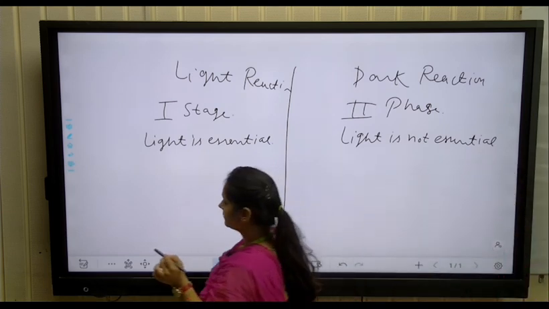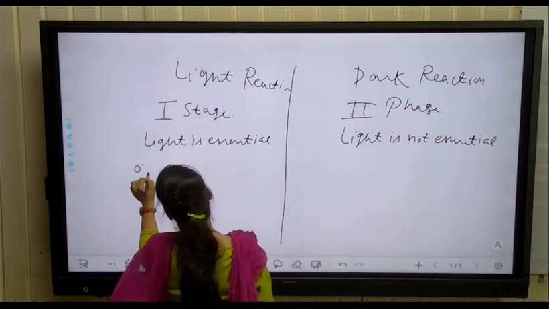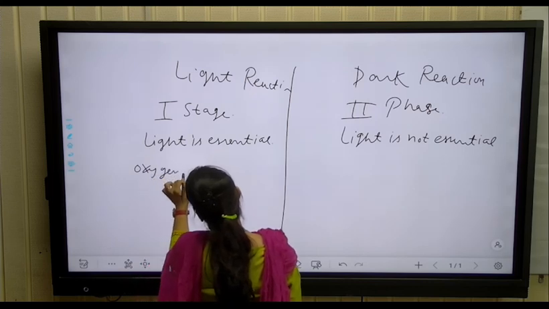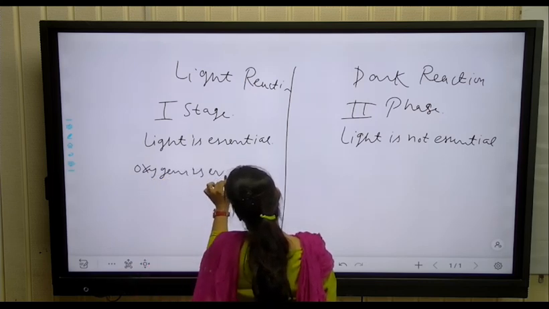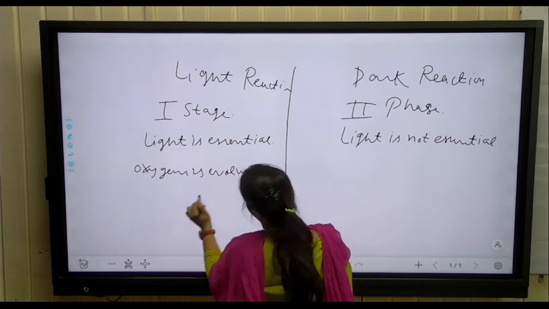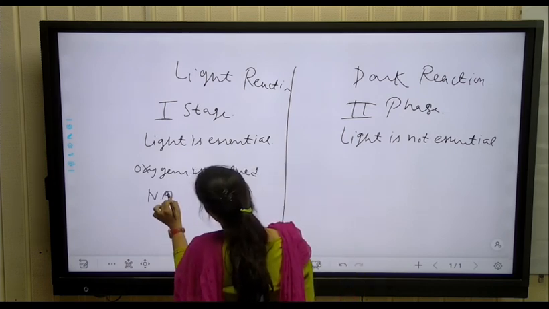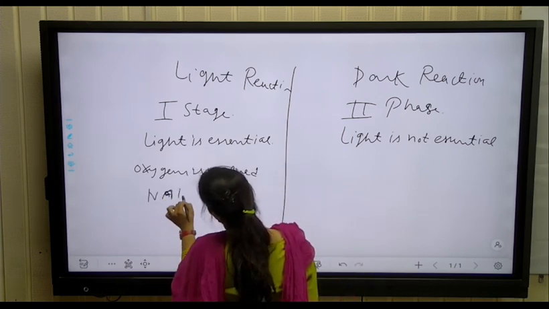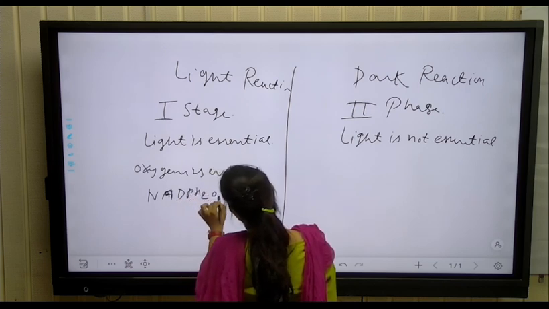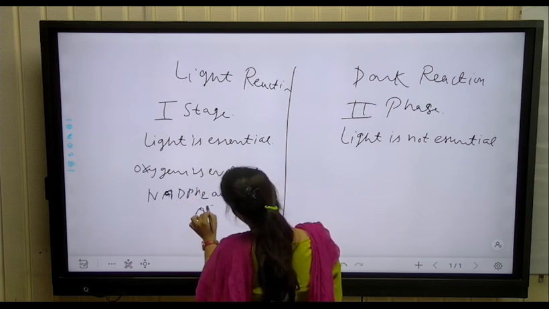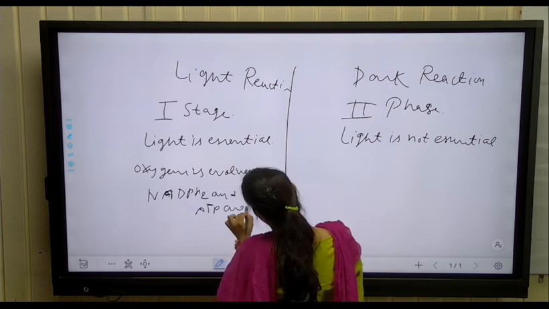Now, the next thing is oxygen is evolved here. And NADPH2 and ATP are formed.